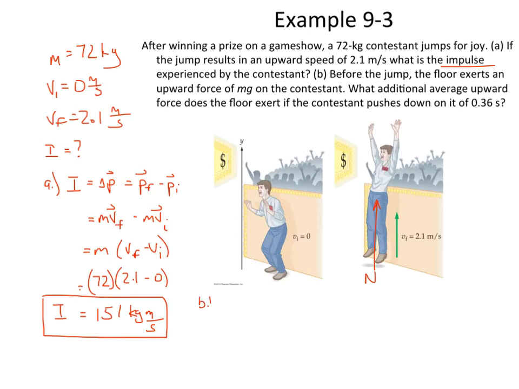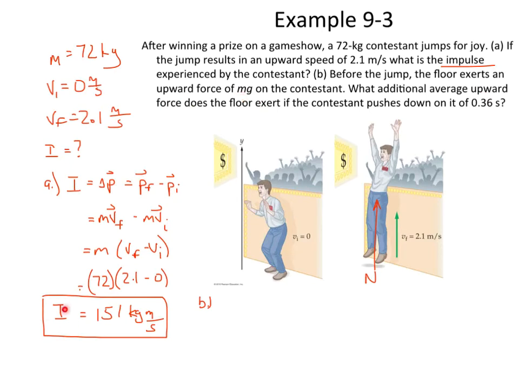Part B is asking us, what is that force? Or you might say the average force that the floor has to exert in order for the guy to be able to jump upwards. Now the floor already has to support his weight, mg. Let's pretend that it can do that, but it also needs to create enough upward force to cause that momentum change, to cause that impulse.